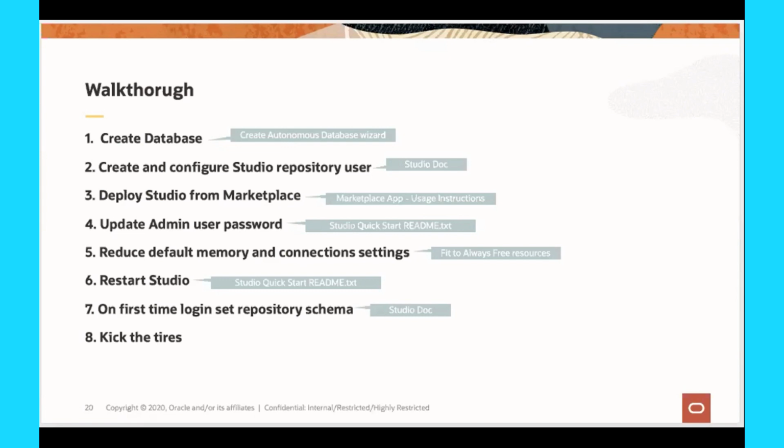Once we've done that, we're going to bounce Studio so all that takes effect. And the very first time we log in, we're going to tell Studio where the repository schema is in this database, and then we'll kick the tires. So it's a few steps, and what it's all about is specifically getting Studio on the free tier. Some of the stuff we're doing is just because it's the free tier. Specifically, step number 5 is all about the fact that we're running this in a very, very small footprint.